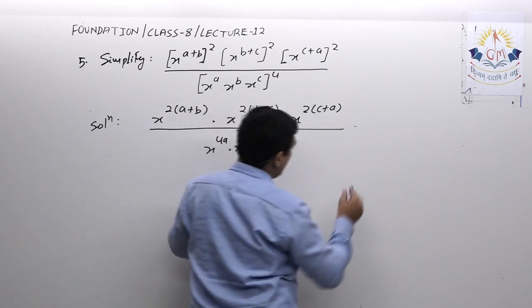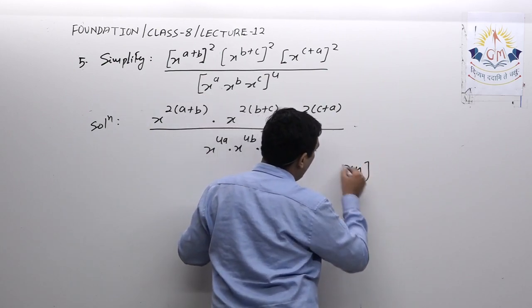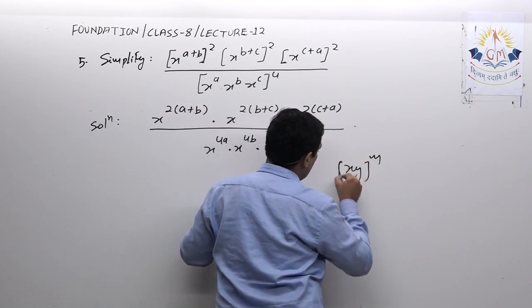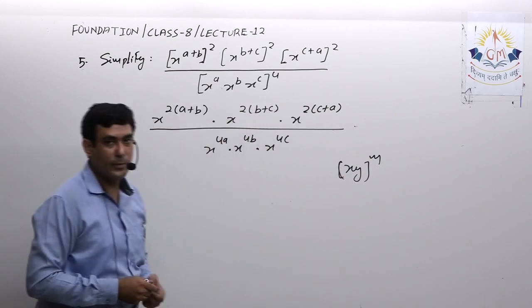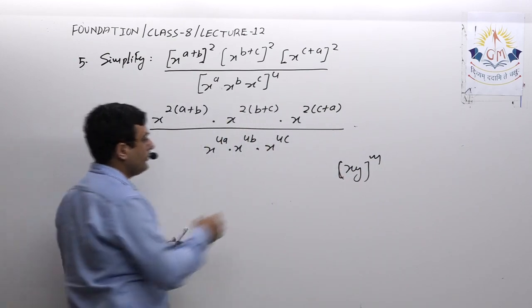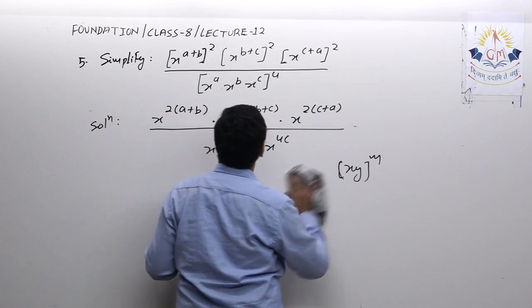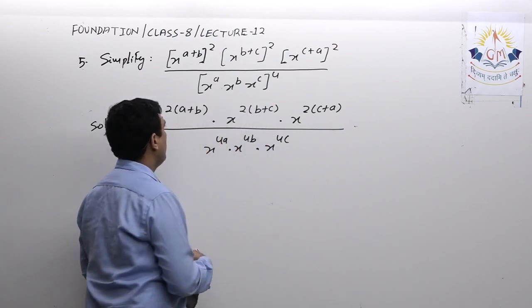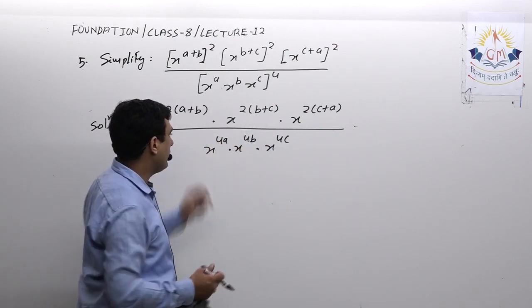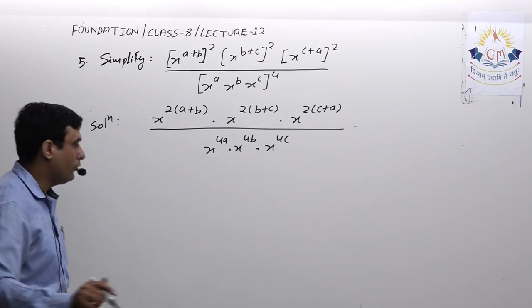Okay, here I am using this law actually. If you remember, xy raised to n is equal to x raised to n multiplied by y raised to n. That means power will come on each and every term. So this will become x raised to 4a into x raised to 4b into x raised to 4c.